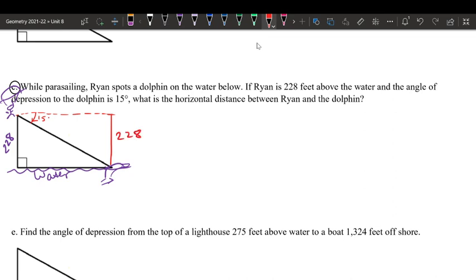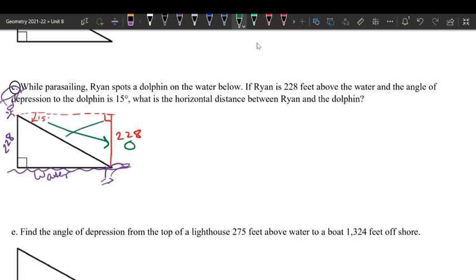So that's the easiest way to set this one up, is just make a box, because that 228 is the same on both sides. But the angle of depression is from the horizontal going down. So that's where he's looking. The hypotenuse is his line of sight. And then this is 90. So now I can set it up. From the angle, 15 degrees, across is the opposite.